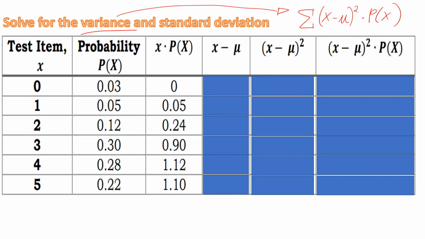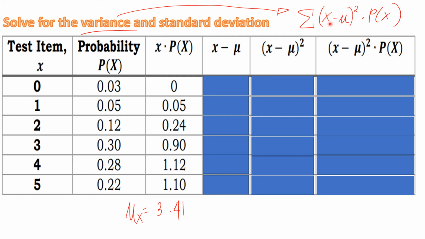And I think you remember when we solved for μ, we added the values of x times p of x, and the value was 3.41. That's our μ of x. So we are going to use this later on.